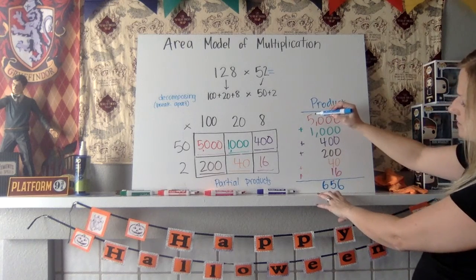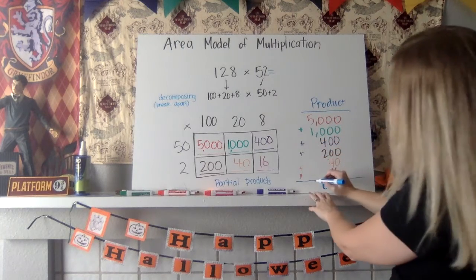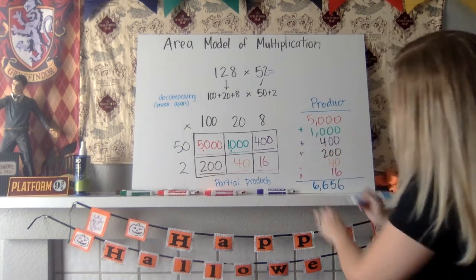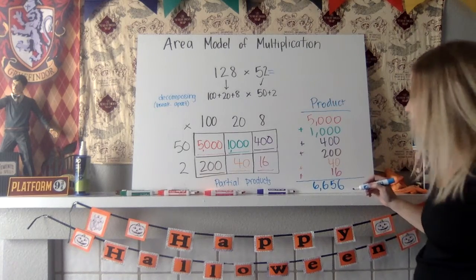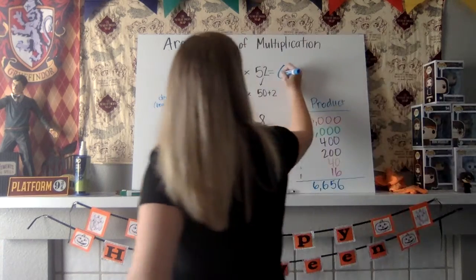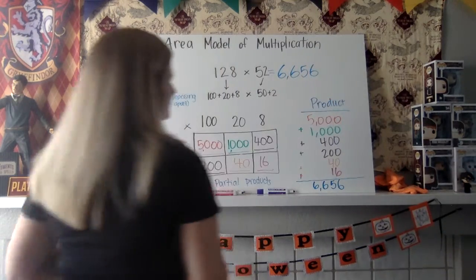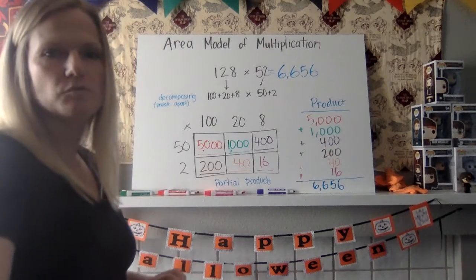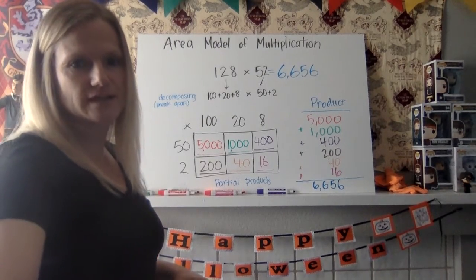Now you're in your thousands positions. 5 plus 1 plus 0 plus 0 plus 0 plus 0 is 6. So your total product for this equation, 128 times 52, is 6,656. So that is the area model of multiplication. We reviewed 4th grade, and we talked about what our 5th grade expectations are.